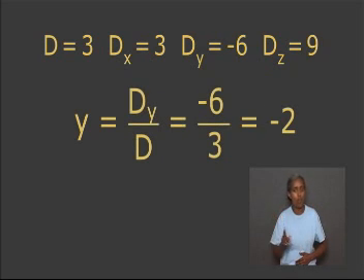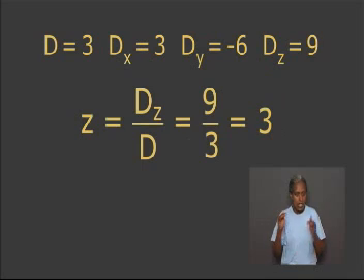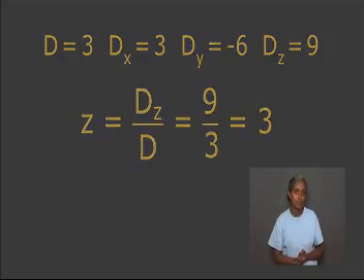Y equals dy over d. -6 over 3 equals -2, so y equals -2. Z equals dz over d. 9 over 3 equals 3, so z equals 3.